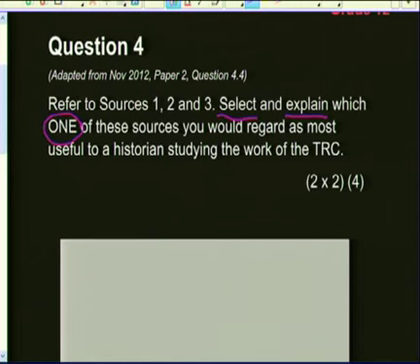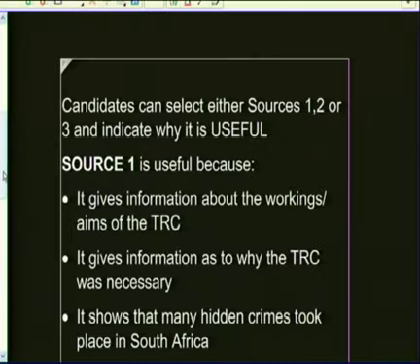Of these sources you would regard as the most useful to a historian studying the work of the TRC. Now, we've come across this term useful before, or valuable, to a historian studying the work of the TRC. Again, this is up to you which source you choose, as long as you support your choice with relevant evidence from the source. Now, let's look at the possible answers there.